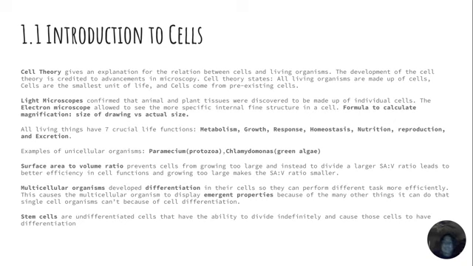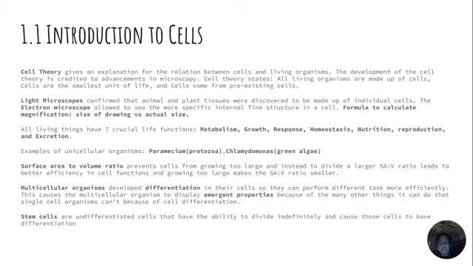A lower surface area to volume ratio makes a cell more inefficient because it has to travel a much larger distance to transfer materials or nutrients. So growing too large makes the surface area to volume ratio smaller, so cells divide to have a larger surface area to volume ratio, which leads to better efficiency in cell functions.